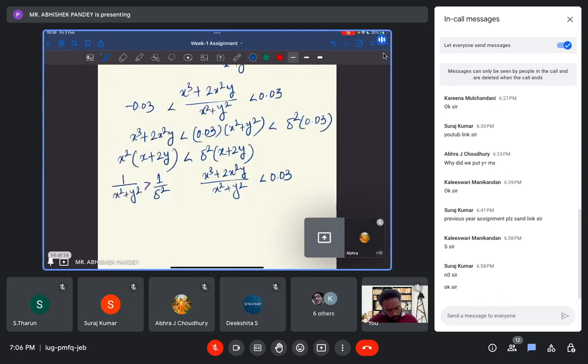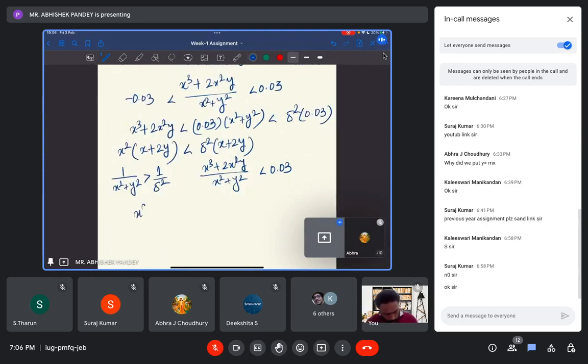So observe that this is nothing but x cube plus 2x square y into 1 by x square plus y square. Okay, and this is less than 0.03, and this quantity is greater than 1 by delta square.